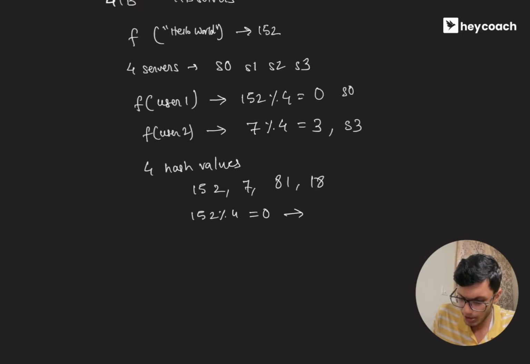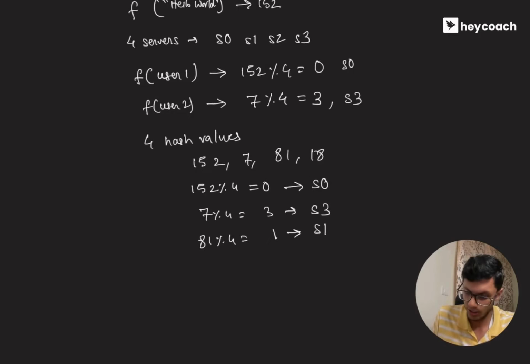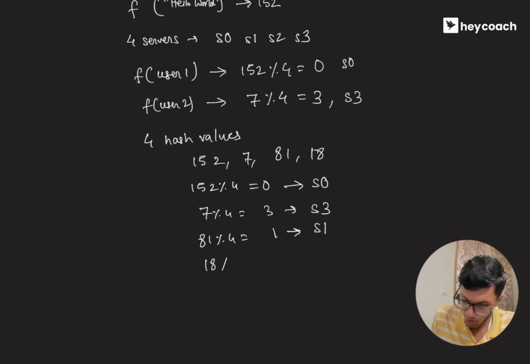That means this user's data would reside in server 0. 7 modulo 4 would give me 3. That means this user's data would reside in server 3. Then 81 modulo 4 would give me 1. That means this user's data would reside in server 1. Okay, and 18 modulo 4 will give me 2. That means this user's data will reside in server 2.